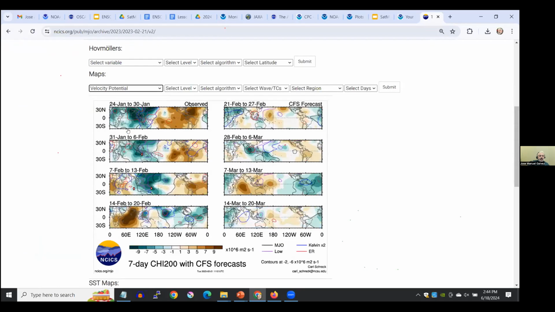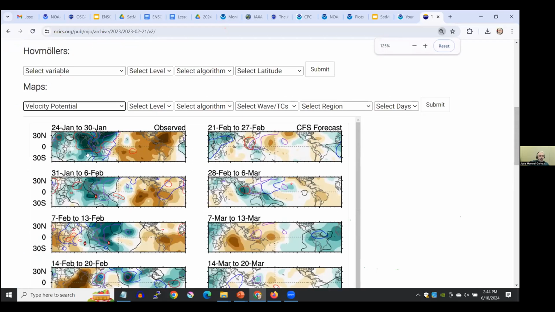Okay, so I have the peak of the Madden-Julian here. Let me zoom in a little bit. The peak of my Madden-Julian, or stronger Madden-Julian, is located over the maritime continent, Southeast Asia, Eastern India, Indonesia, Malaysia, right? So I would expect the wind anomalies in the lower levels to be from the west, or red, in this region, west of the Madden-Julian.